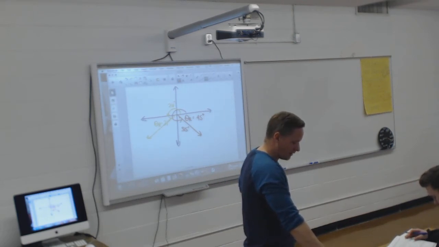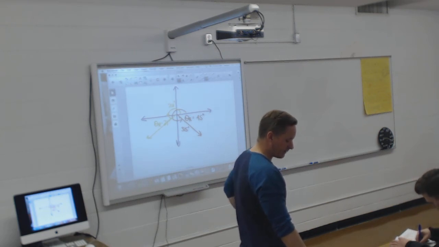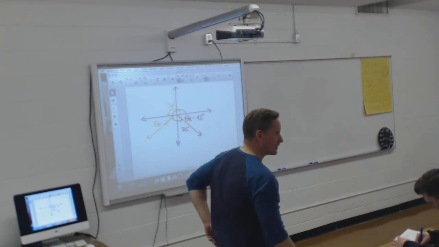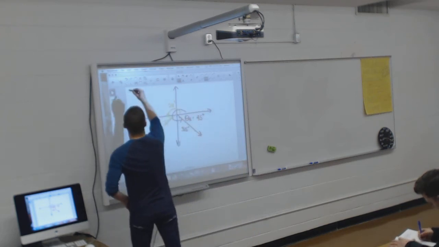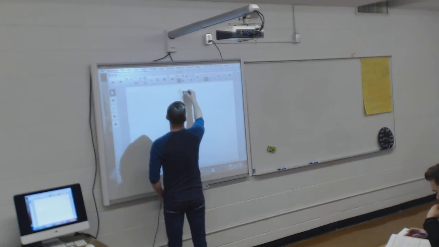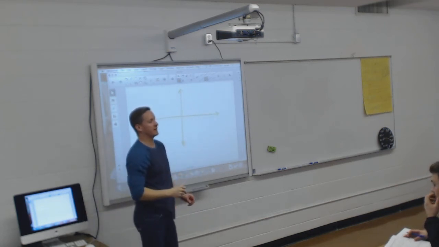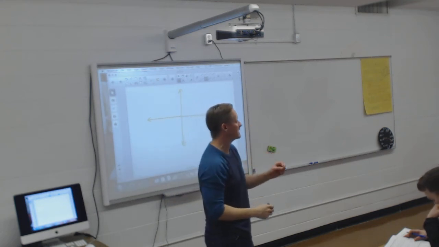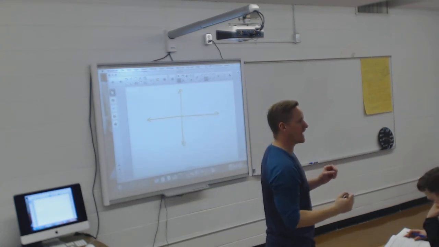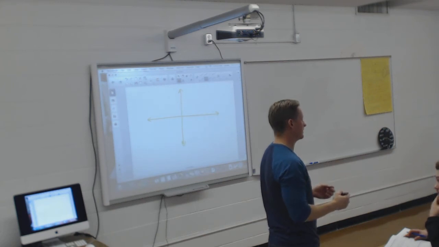Determine the measure of all angles in standard position between 0 degrees and 360 degrees that have a reference angle of 35 degrees. Okay. So I want all the angles in all four quadrants, because it said from 0 to 360, that have the same reference angle of 35 degrees.